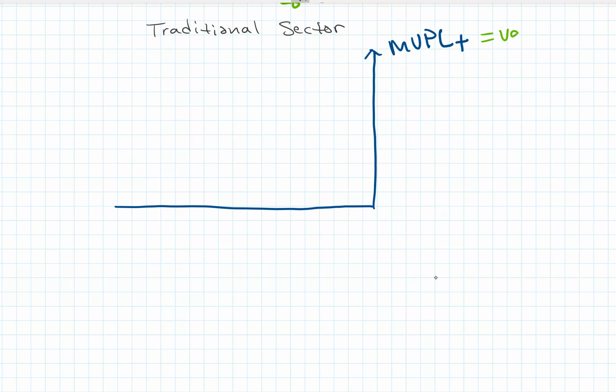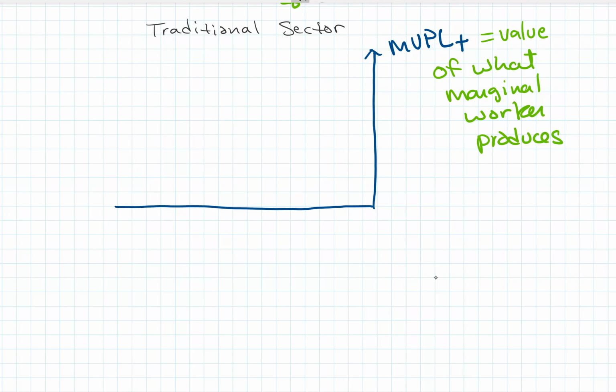Just to remind you, this is the value of what the marginal worker produces. And remember, the marginal worker is the last worker. Like if we had 99 workers and we add one more, then the 100th one is the marginal one. They're the one at the margin, at the edge.